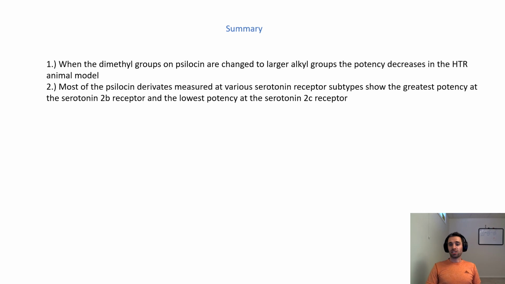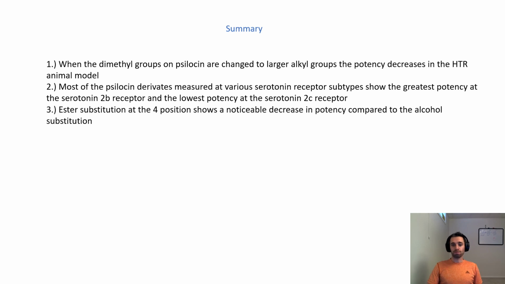Most of the psilocin derivatives measured at various serotonin receptor subtypes show the greatest potency at the serotonin 2B receptor and the lowest potency at the serotonin 2C receptor. We saw that the ester substitution at the 4 position shows a noticeable decrease in potency compared to the alcohol substitution. For example, psilocin has a much greater potency than 4-ACO-DMT.